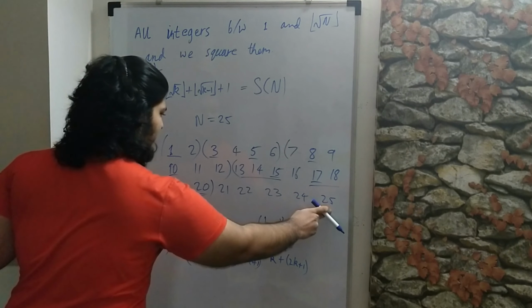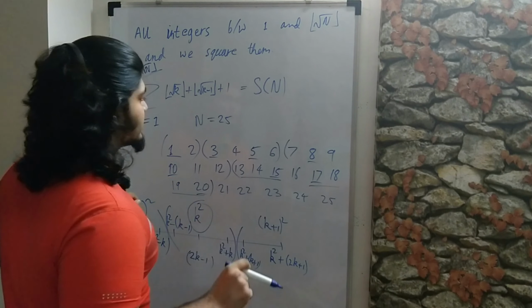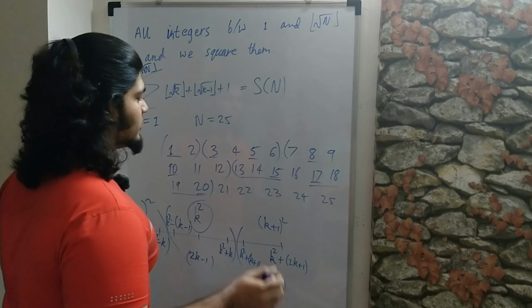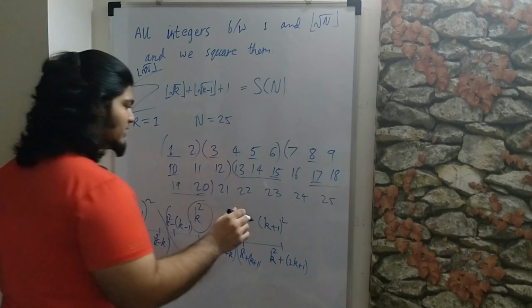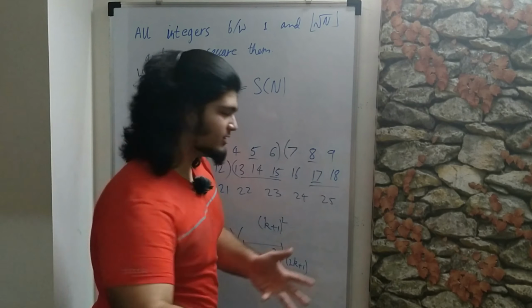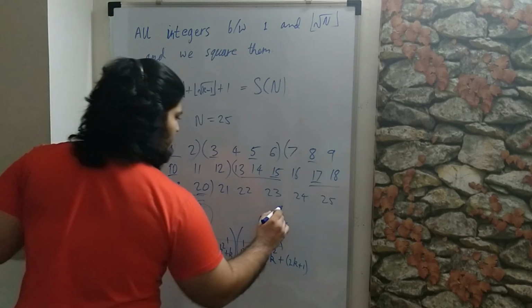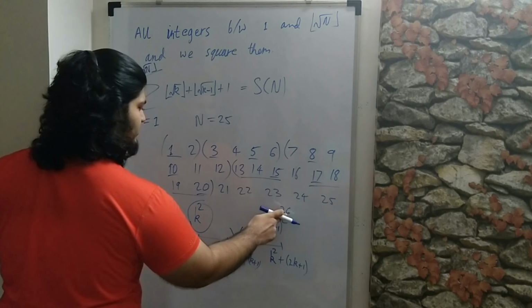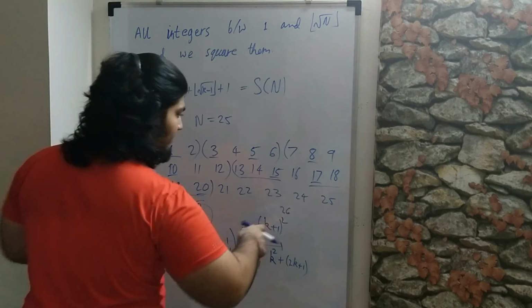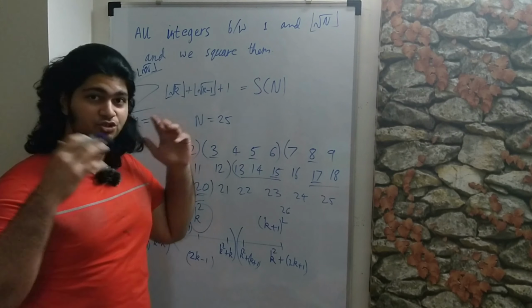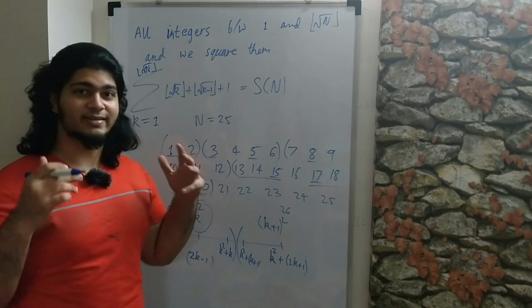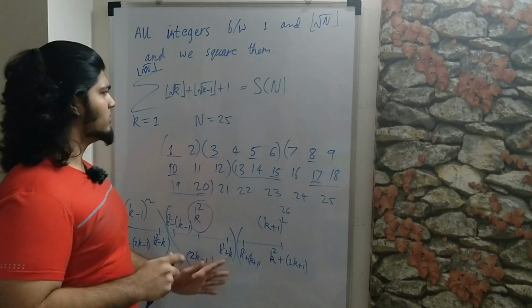Then it will come to 25. But the problem is it will also include the squarish integers linked to 25 that are greater than 25. For example, 26 is a squarish integer linked to 25, but it's greater than 25. So our function shouldn't be counting it, but it still will. That is a problem.